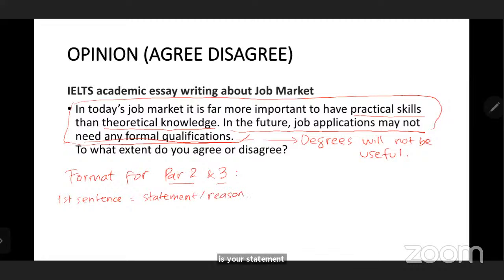Itu. Alasannya apa? And then second to third sentence, maybe more or less, they can elaborate. Menjelaskan ini tadi. Okay. Next sentence. For the next sentence, you give an example.